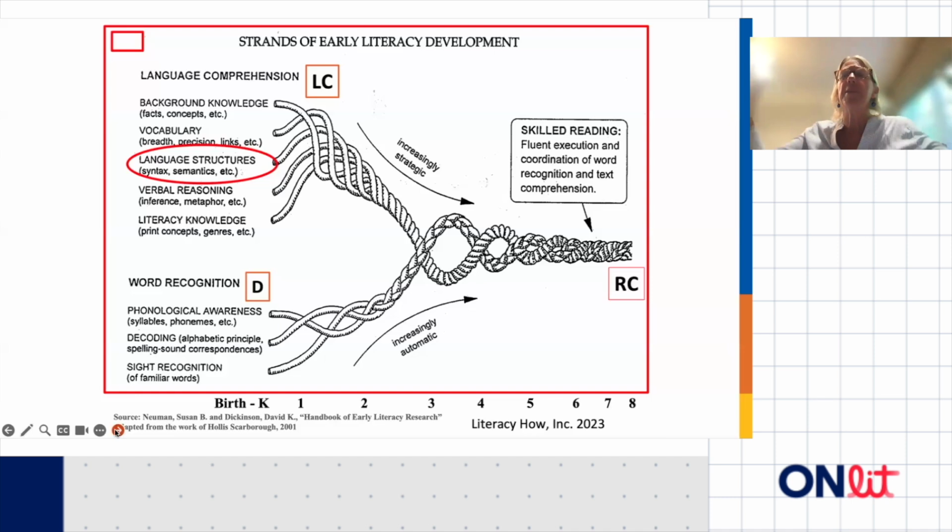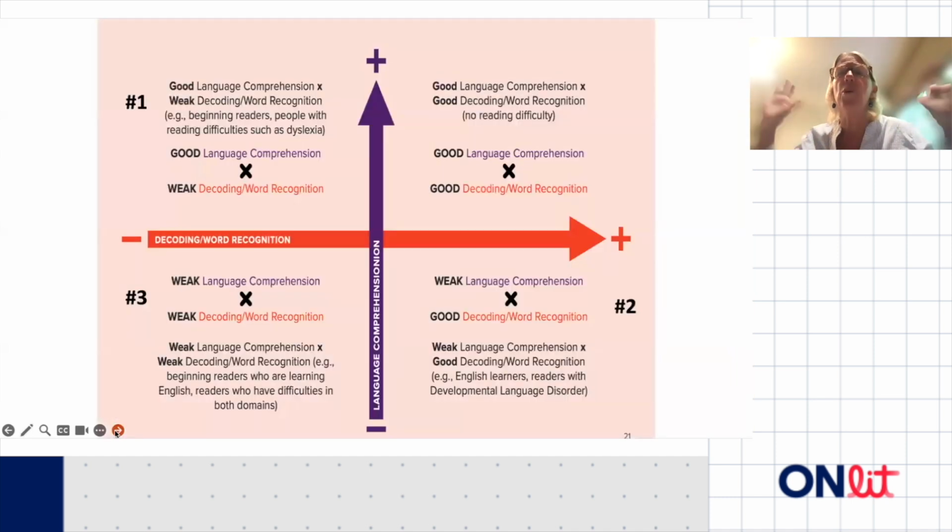So if you think about the simple view, we have 4 profiles that we can think about for kids. And why I like this is because I'm always talking to teachers about differentiated instruction as much as you can, right? Even if it's just getting kids into one of 4 buckets. This bucket up here, those kids have good language comprehension and good decoding.